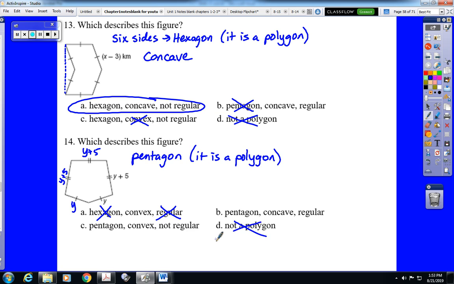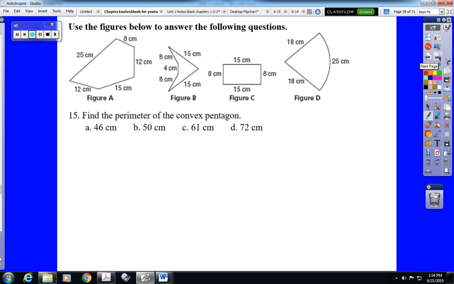Okay, and it is a polygon, which means once again we're looking at the difference between convex, concave, although it's not regular, so guess what? The only possible answer is that this is in fact a convex pentagon that is not regular. Again, all of the diagonals would be internal. That makes it convex.